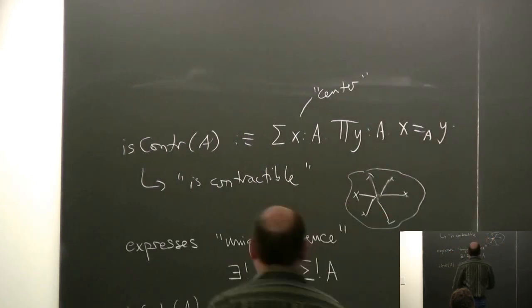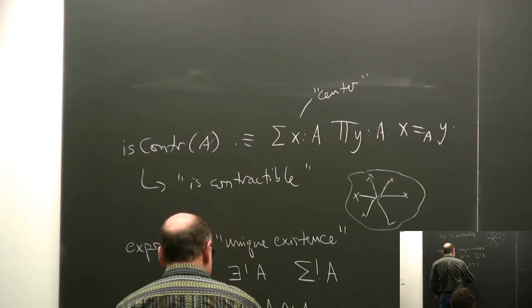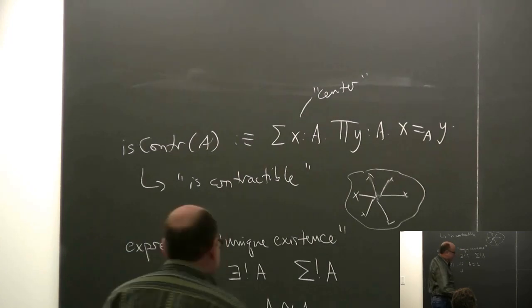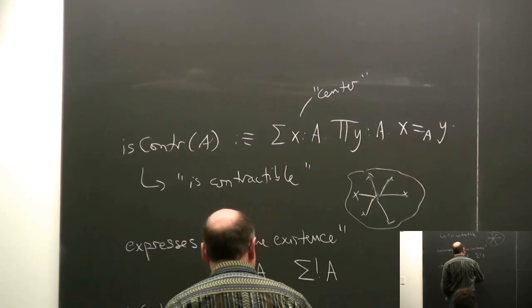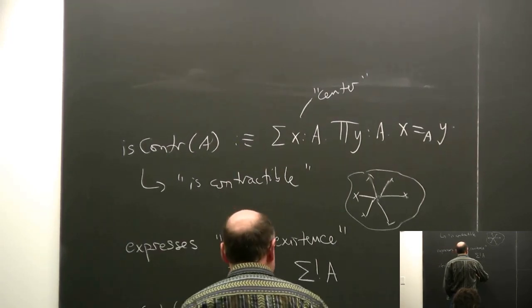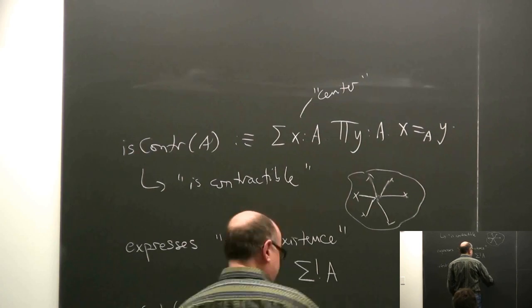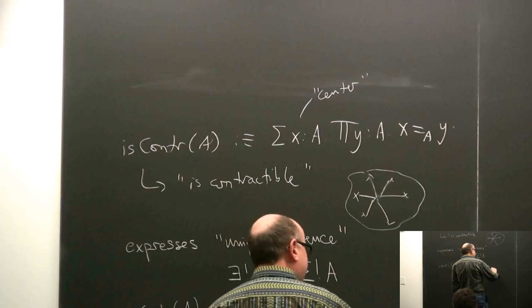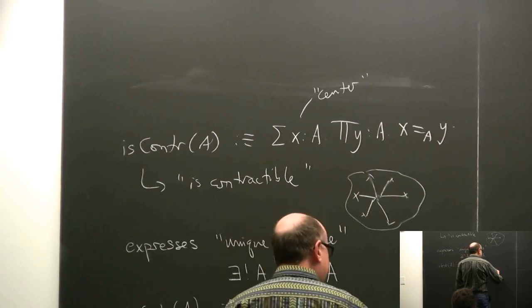So effectively it's a singleton, okay? And then you can also express this as saying it's a prop, that it has at most one point and it's inhabited. That's another way of saying it, okay?